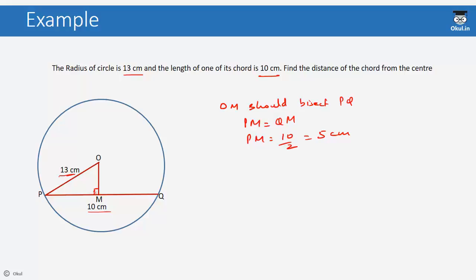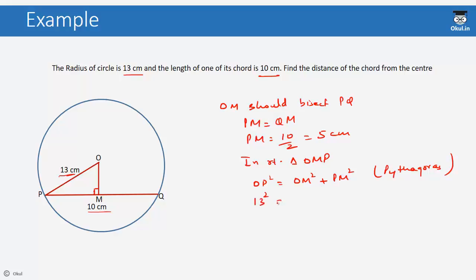So now we have the length of PM as 5 centimeters, and triangle OPM is a right angle triangle. In right angled triangle OMP, OP square is equal to OM square plus PM square. That is the Pythagoras theorem. We have the value of OP as 13.